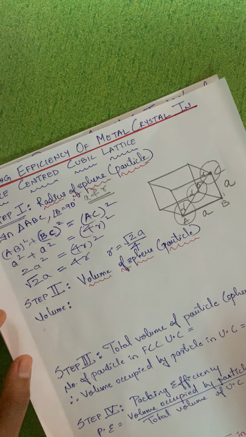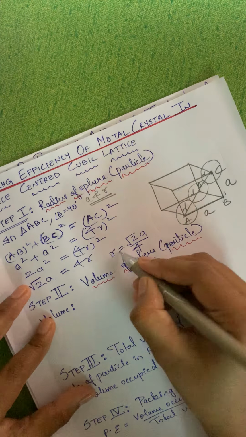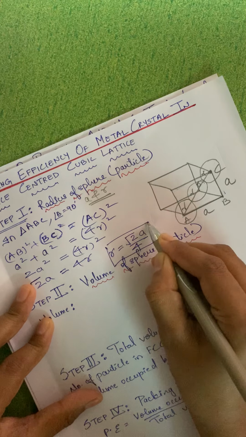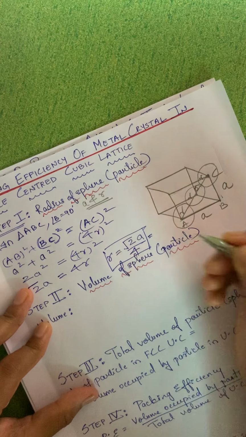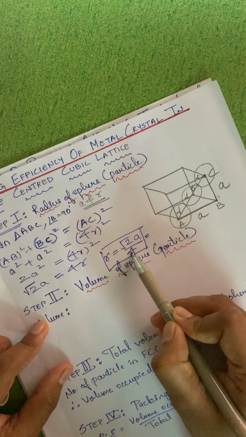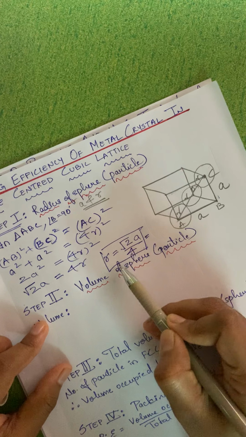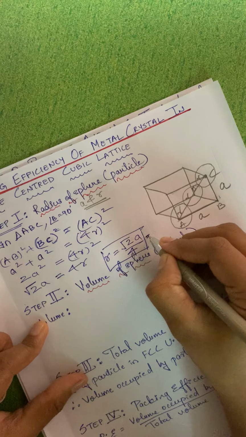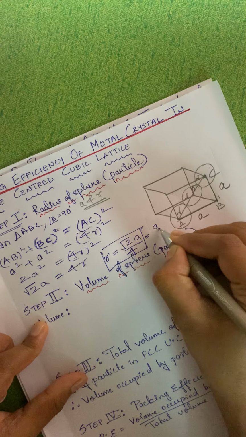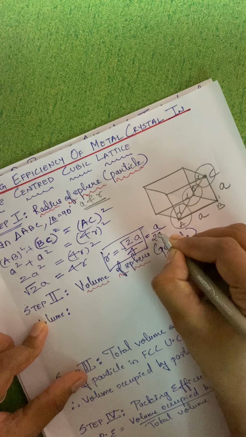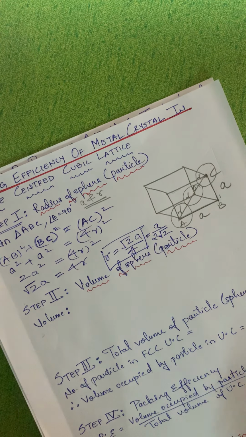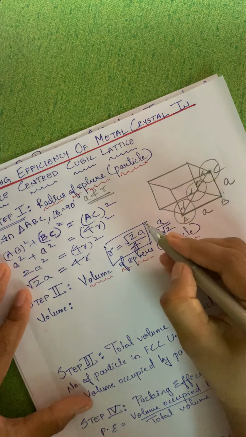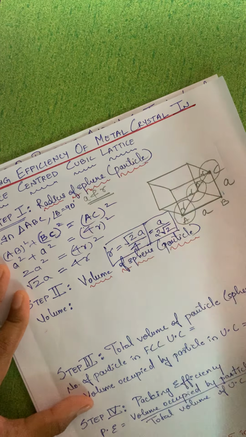This is my answer, or it can be further modified. Root 2 and root 2 get cancelled, and it can also be written as a upon 2 root 2. Any one relation you can just remember over here.